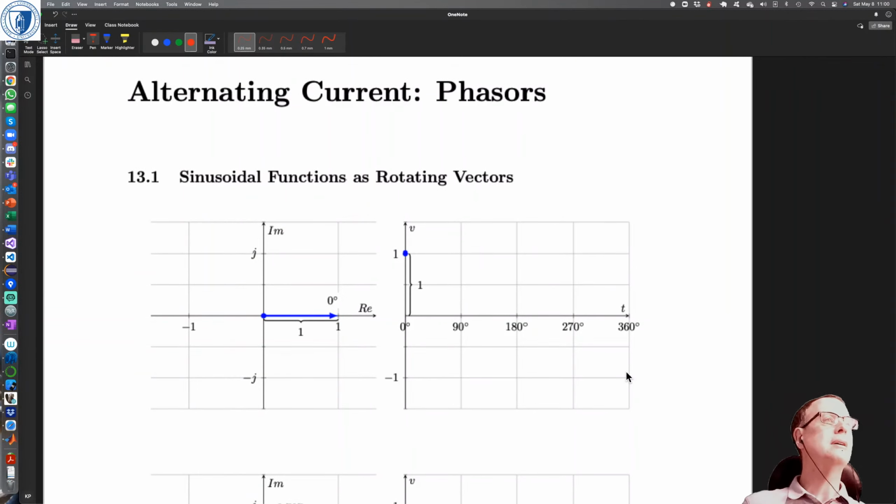Okay, and remember, and I'm going to use the term phasor, right? A phasor is a representation of a complex number using effectively polar notation. It's a magnitude and an angle. So on the screen now we have the number 1 with no imaginary component.